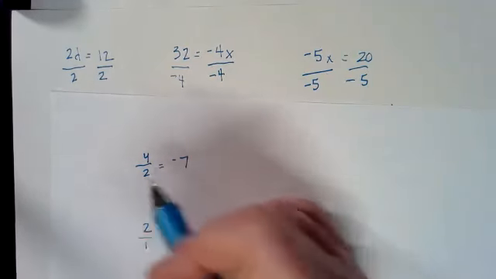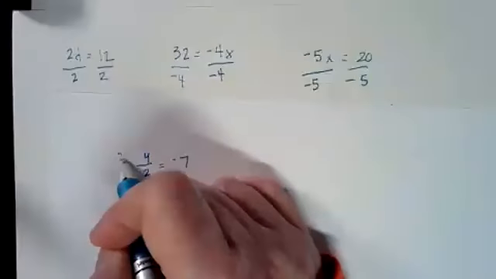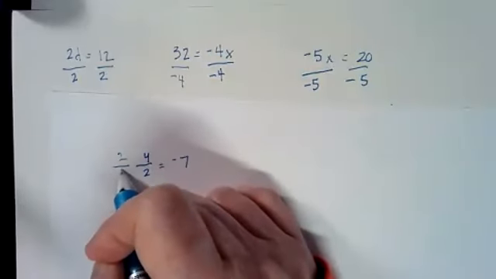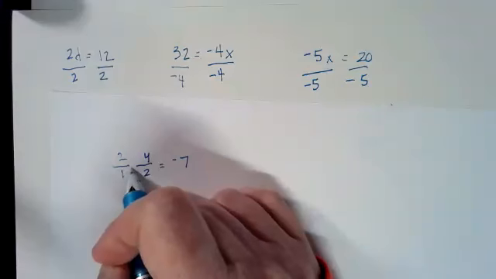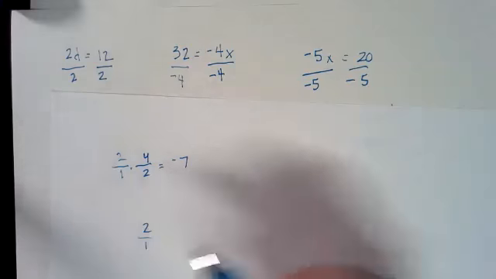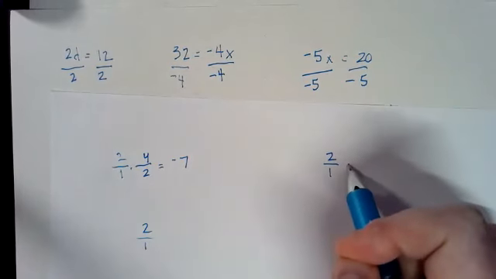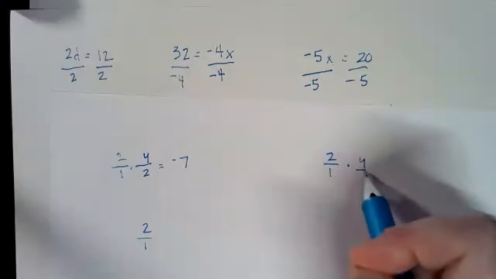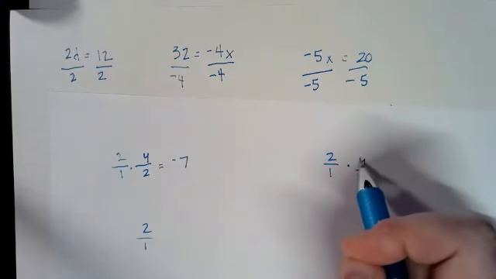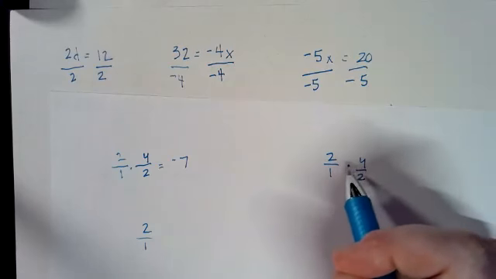So since this is a fraction, if we wanted to multiply by a fraction, it would look kind of like this. 2/1 times y/2. So 2 over 1 times y over 2, multiply straight across. You can multiply and divide variables and whole numbers.